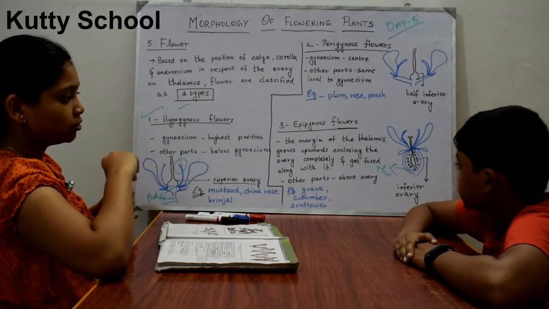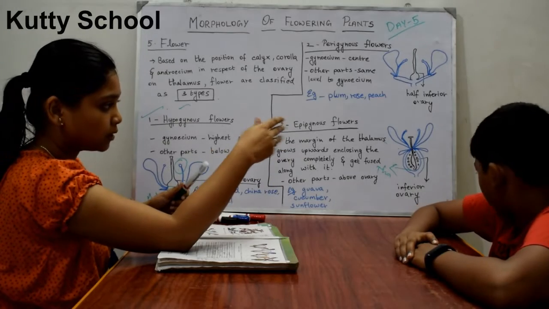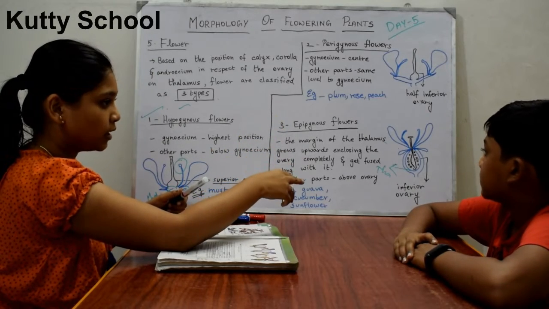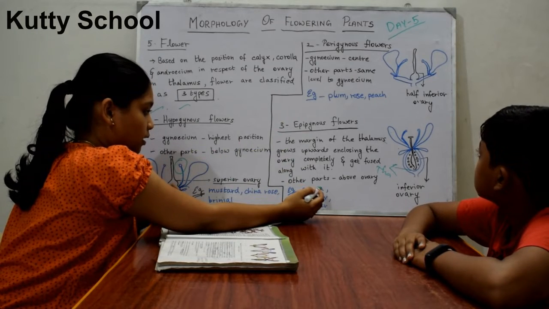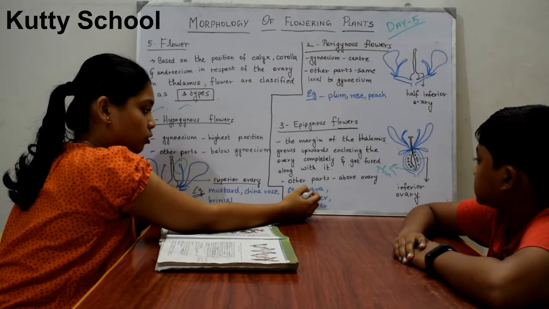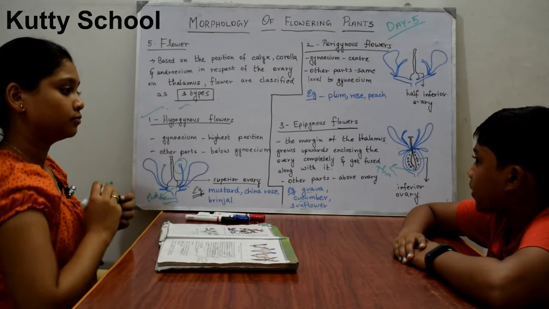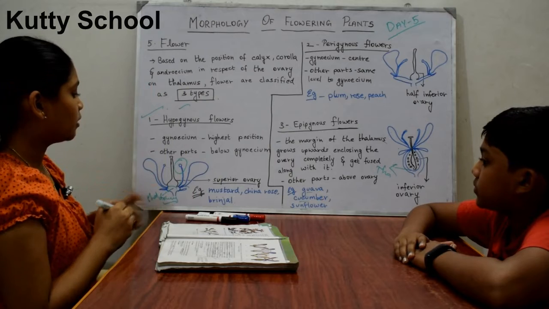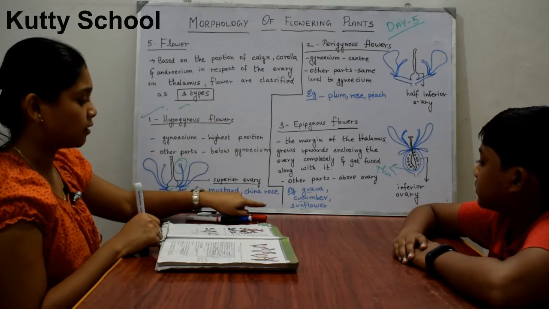Since the ovary is down and other parts are above, it is known as inferior ovary. Examples are guava, cucumber and sunflower. So: mustard, China rose and brinjal; plum, rose, peach; guava, cucumber, sunflower.